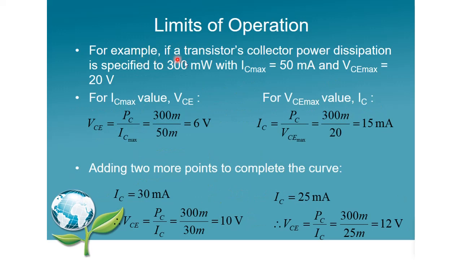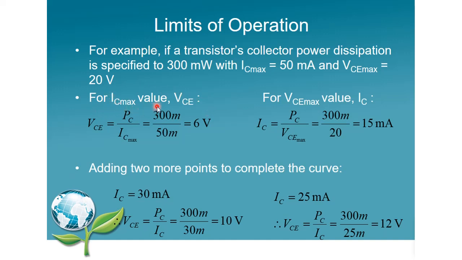For example, if a transistor's collector power dissipation is specified at 300 milliwatt with IC maximum equal to 50 milliampere and VCE maximum equal to 20 volt. So this is the calculation.